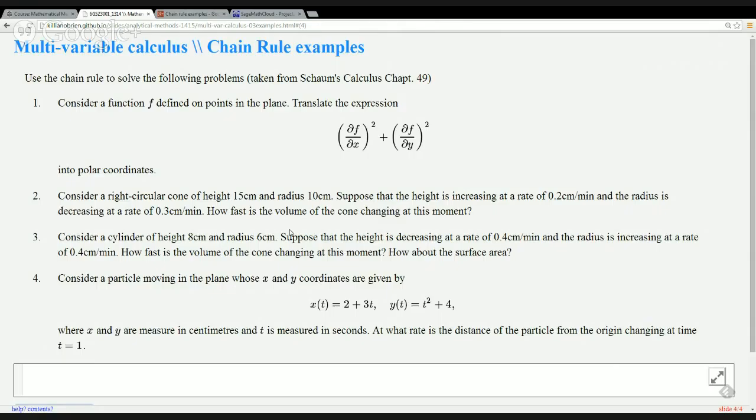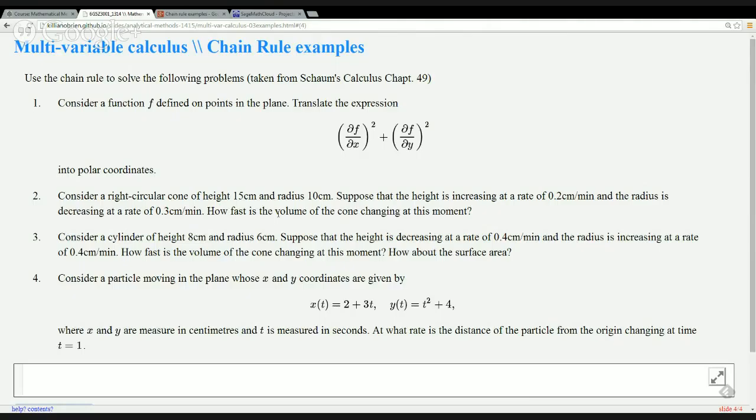Questions 2 and 3 are much more applied problems, relating to the geometry of a cone and a cylinder. In question 2, you've got a cone of certain dimensions, and its height is increasing and the radius is decreasing at some fixed rate.